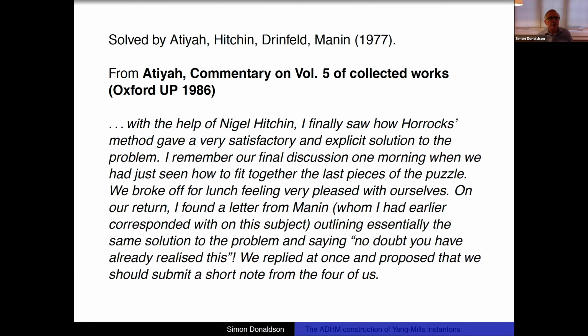That's to say, for the unitary group, is what we'll talk about, but the same techniques apply to the other classical groups, the symplectic and orthogonal groups. So this problem, I say, was solved by Atiyah, Hitchin, Drinfeld and Manin sometime in 1977.